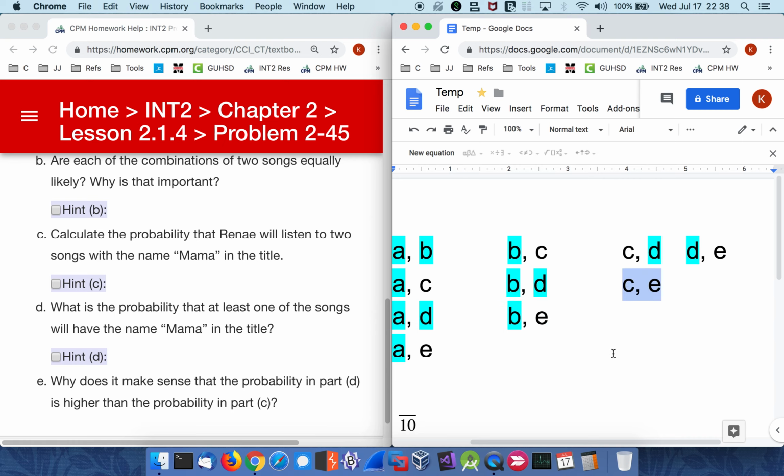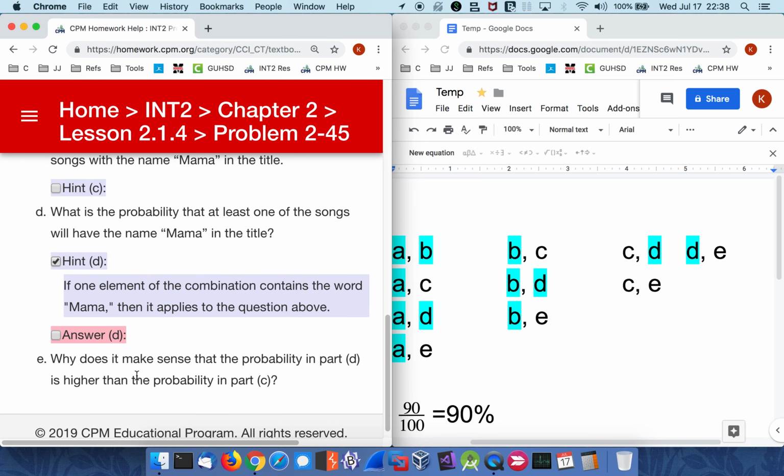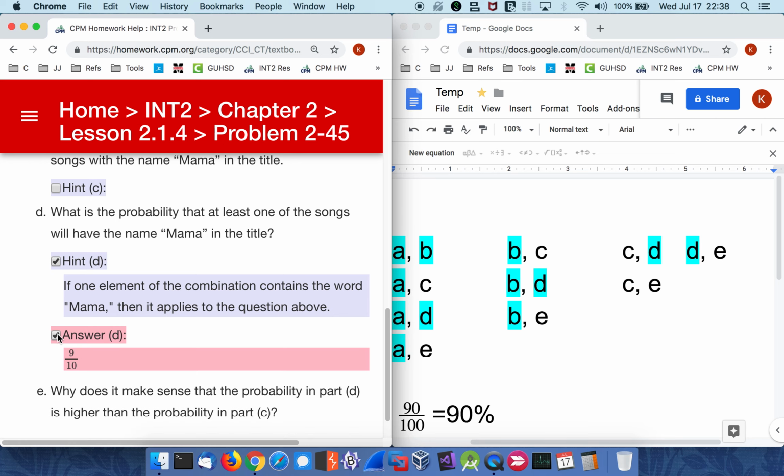Wow, only this one doesn't. So 9/10, or 90%. At least one of the songs will have the name Mama in the title. Boom, 90%. If one element of the combination contains the word Mama, then it applies to the question above.